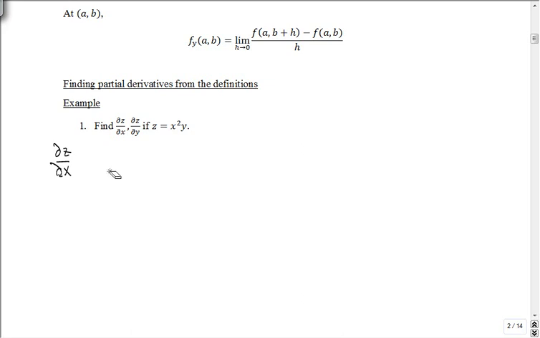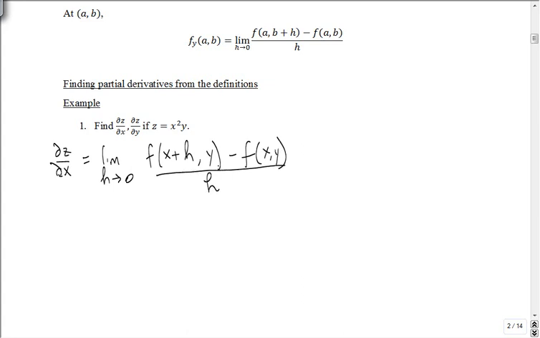So put a curly d, and this is equal to the limit as h approaches 0 of f of x plus h, y minus f of x, y over h.